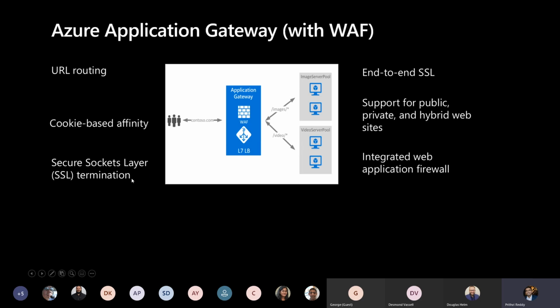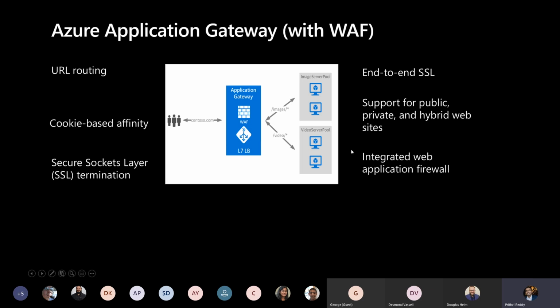Essentially, you can store your certificates in Key Vault, and the application gateway can read those certificates and authenticate those users with SSL, so you get end-to-end encryption. This is great for public traffic, but it's also good for private traffic, right? You may have a website that's only being accessed from on-prem, so it really supports public, private, and hybrid scenarios.